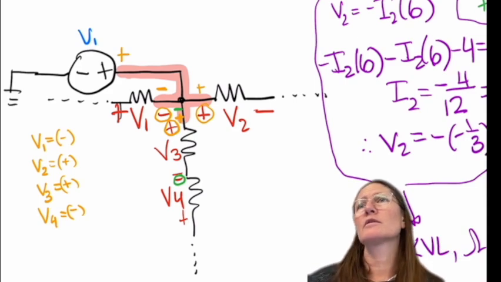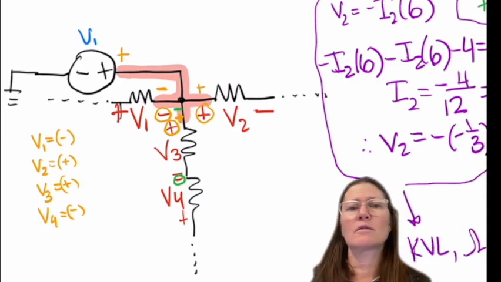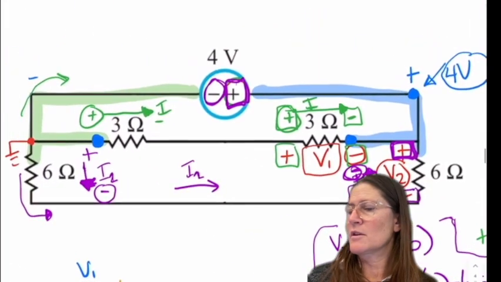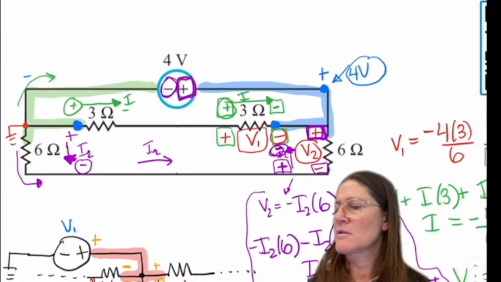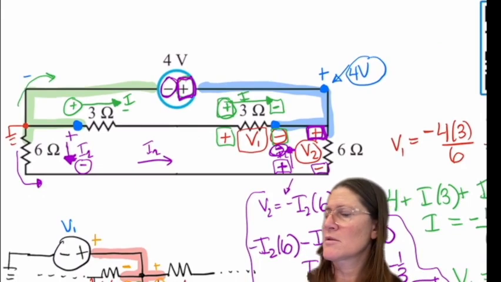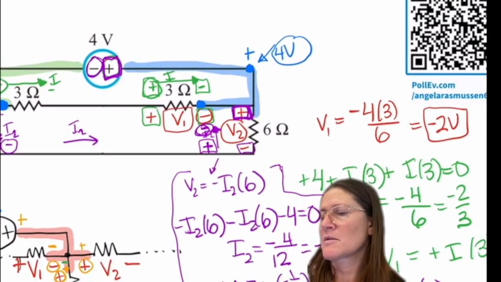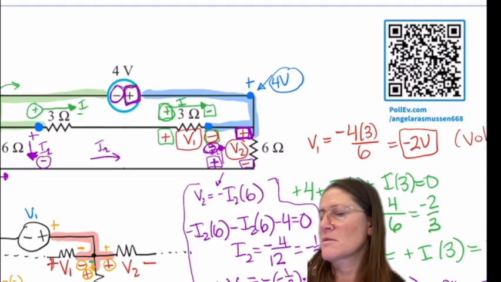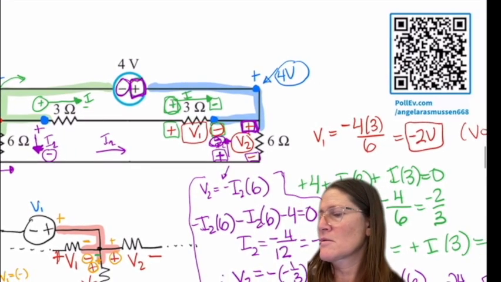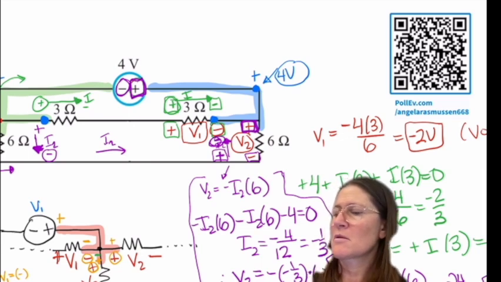Yes. When you were figuring out V1, when you used the KVL, you did 4 plus I times 3 plus I times 3. How do you know whether you should add or subtract the second I times 3? Because the voltage wasn't labeled, its polarity wasn't labeled.